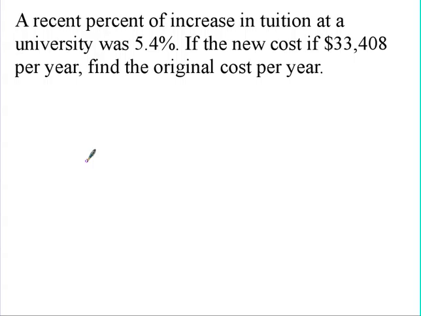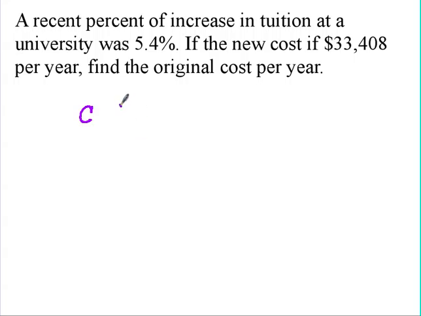Divide 33,408 by, well, let's think. Let's just say I had my original amount. My original amount, let's just write that C, right? That's my original amount. That's where I start, correct?